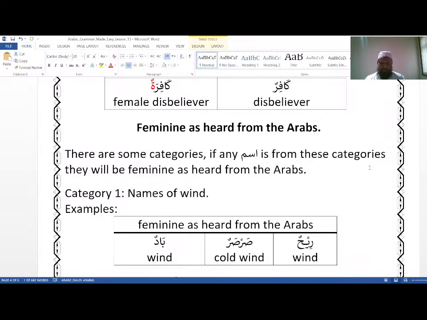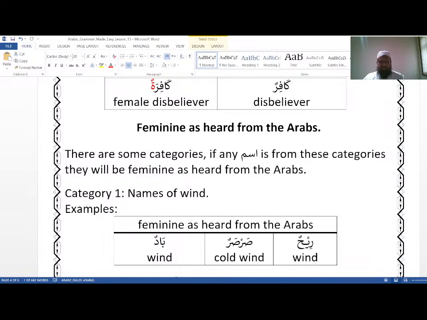The next time you see rihun anywhere, you'll see it is used as feminine, because there is no specific reason. Rihun is not feminine by definition. Rihun doesn't have any feminine signs, no ta marbuta, no alif maksura, no alif mamduda.